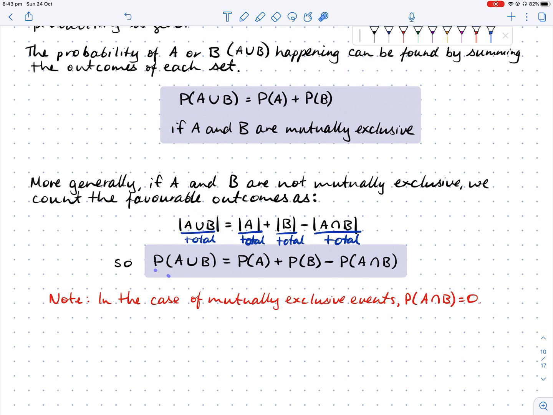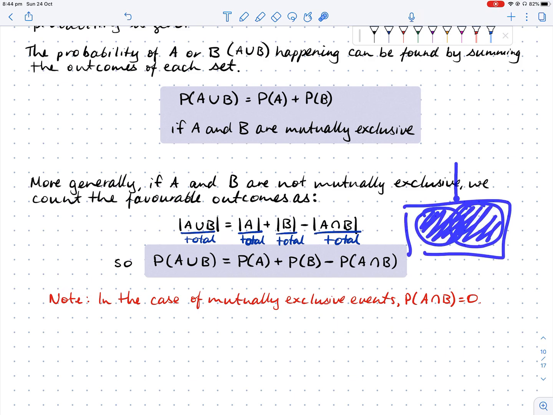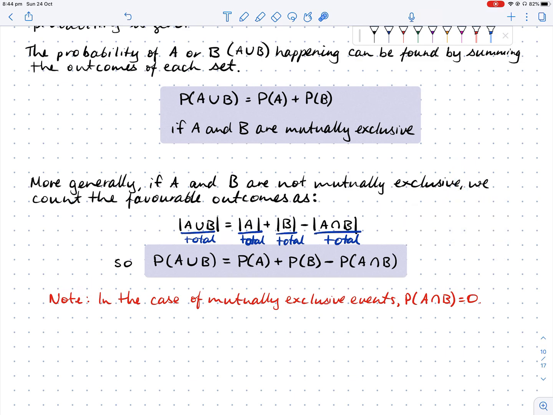So the probability of getting A or B is the probability of A plus the probability of B minus anything in the overlap. So like what we saw before when we were looking at our Venn diagrams, and we said, okay, we're going to add together all of that and all of that, but we need to recognize that the overlap section has been double counted, so that's why we've taken that off.